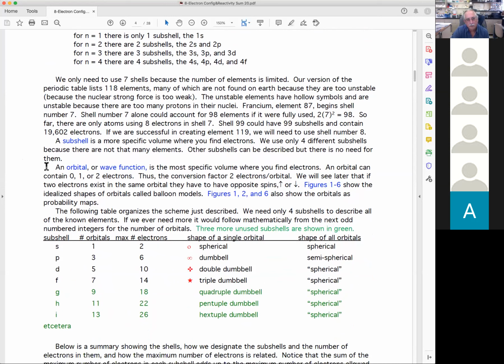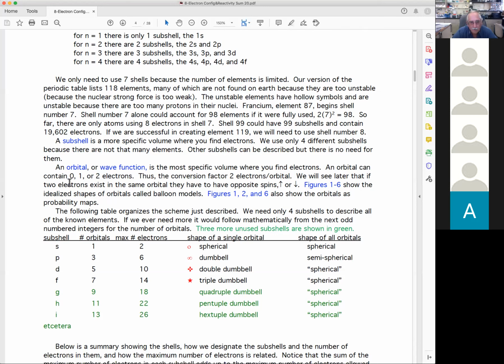Okay, well, what is an orbital? An orbital, also known as a wave function. Why? Because we know electrons behave like waves. And a function, because we use Schrödinger equations to figure out what they look like. That's the most specific volume where you find electrons.